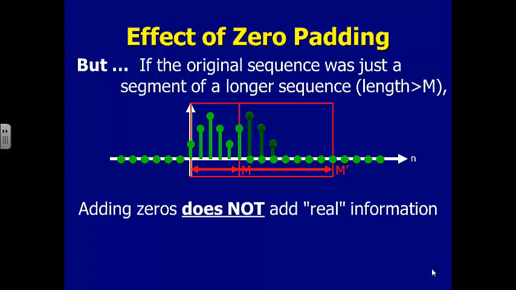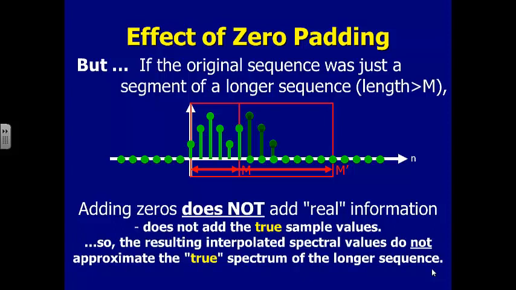Well, I guess I kind of did that here, but I didn't add true information here. So the difference between the spectrum that I got from these samples and the one that I got from these, both are wrong. This one is prettier, but it's an interpolated version of the wrong spectrum. So we didn't add true sample values, so we're not going to get a better true spectrum. We'll just get an interpolated bad spectrum.